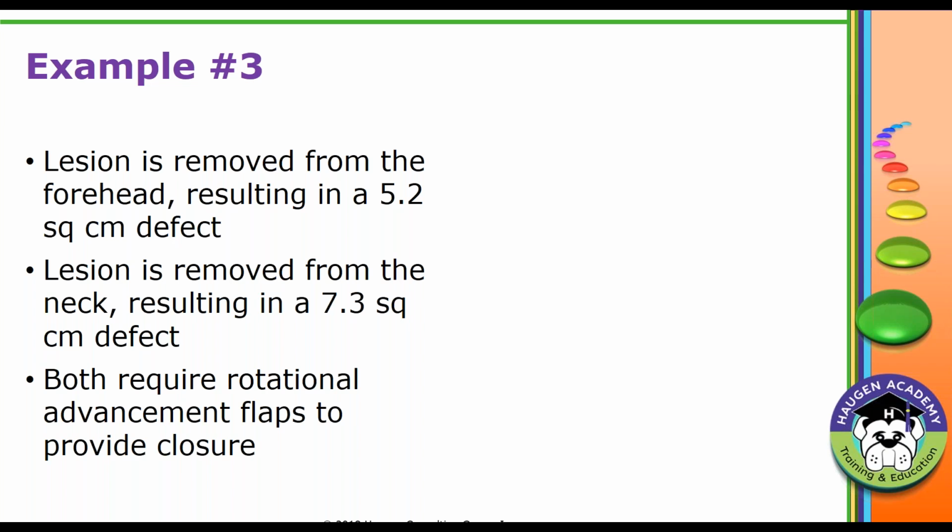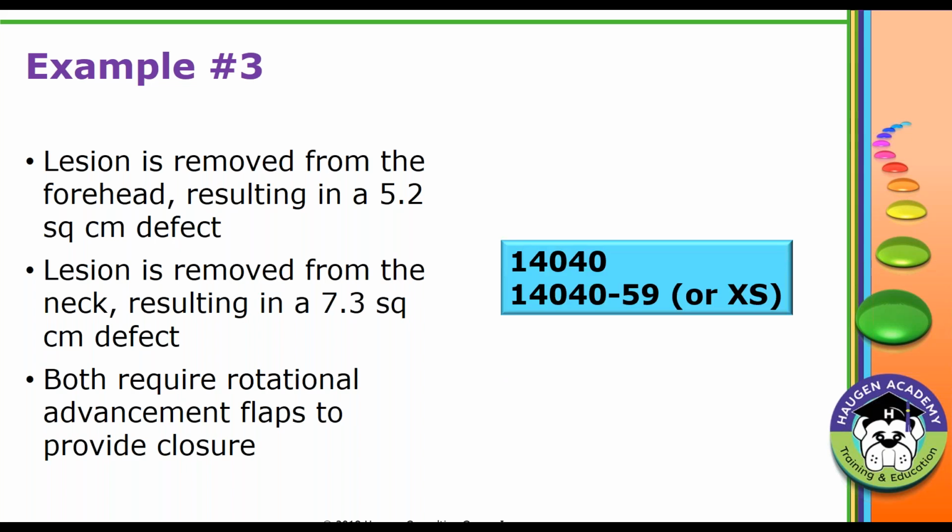So hopefully you guys are already thinking right away: if it's a flap closure, we're only going to be able to code that flap code. And luckily in this note, it's giving us the defect measurement right off the bat, so we don't have to do any math. So here are our codes.